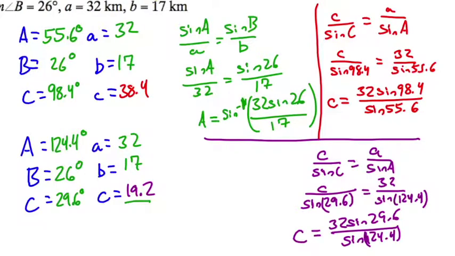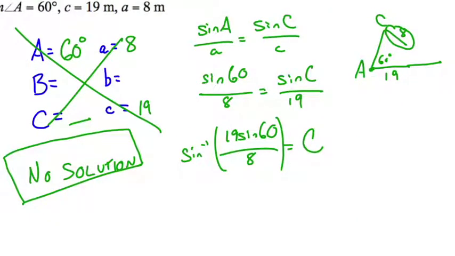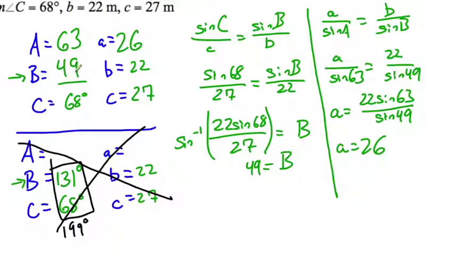So if we recap, if we look at the law of sines, we have this ambiguous case where we have side-side-angle. We basically go about solving the first angle as we would any other problem. If we get that there's an error, it's not possible, that means there's no solution. There are 0 triangles, and that's okay. However, if we do get an angle for that first missing angle, in this case B, what I also need to do is find the coterminal angle, where I take that angle I just found and subtract it from 180 to get the same angle in a different triangle.